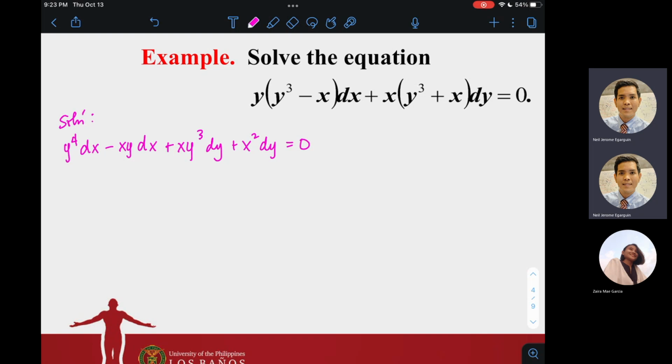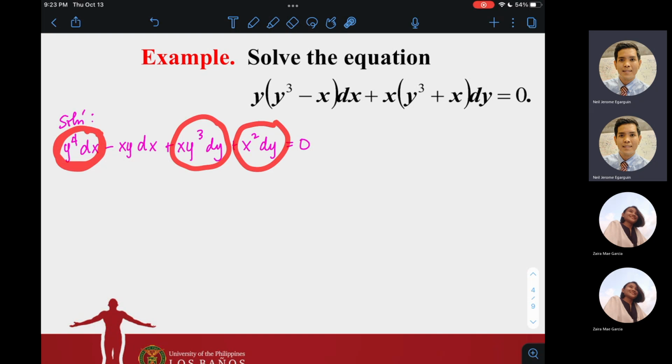Pagalingan kasi itong mamili eh. Sige, try ko ito. y to the fourth dx. Kapag meron kang dx, ang kapartner niya ay may dy dapat. So either I group y to the fourth dx with either xy cubed dy or x squared dy. Kasi kailangan yung unang term may dx, yung pangalawang term may dy.